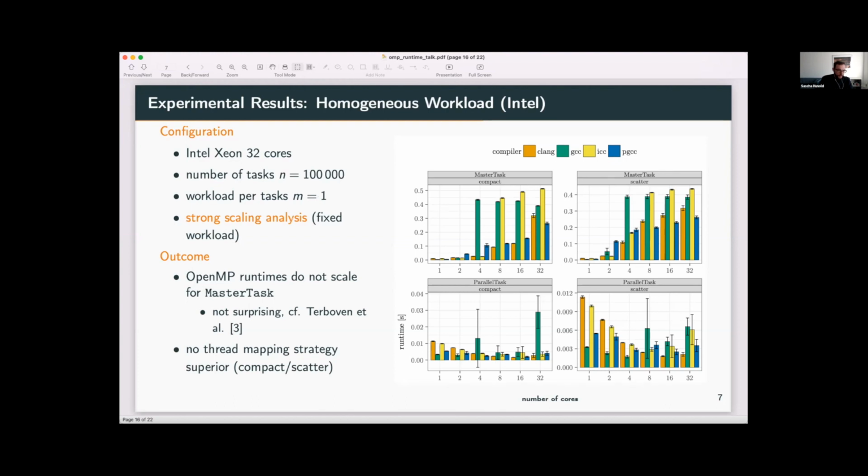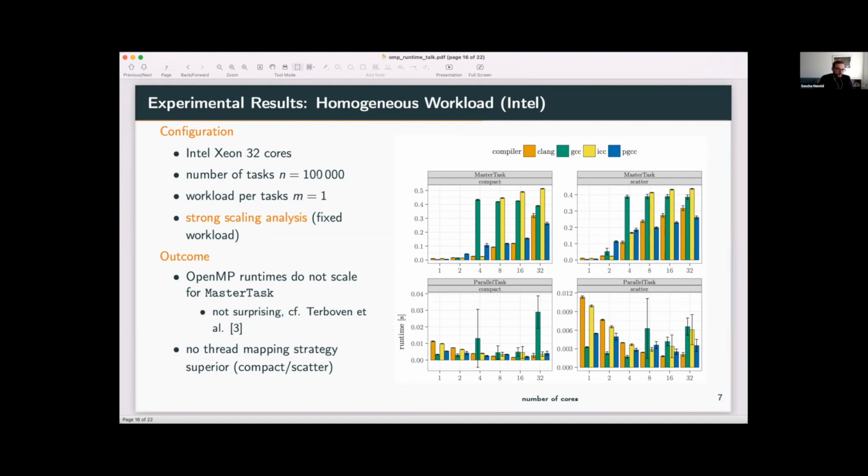And we also do a strong scaling analysis here. So these are the cores, and this is the time in seconds. The different bars denote the different compilers: orange is Clang, green is GCC, then ICC, PGCC. The first thing is they don't scale at all. What you would actually like to see is that the runtime goes down the more cores you have.